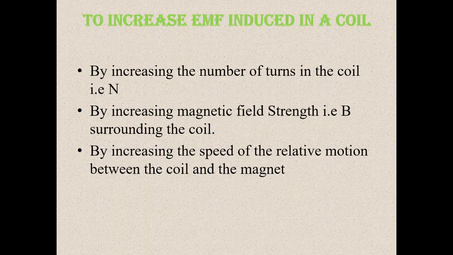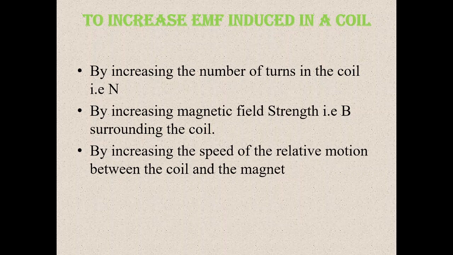One more thing we can do is increase the strength of the magnetic field. If we have a very high magnetic field strength, or we go on increasing the strength, that also increases the EMF which is to be induced in a coil.